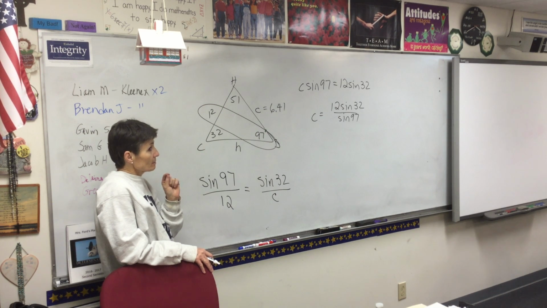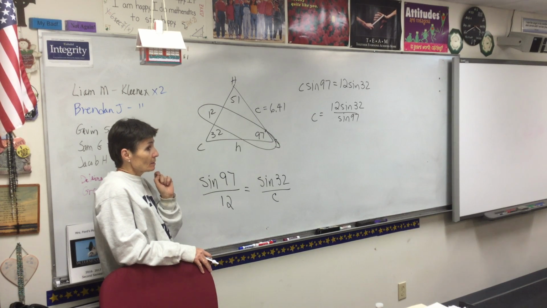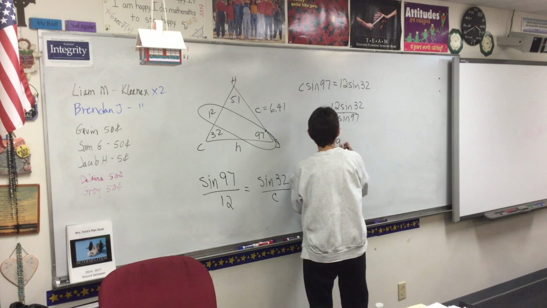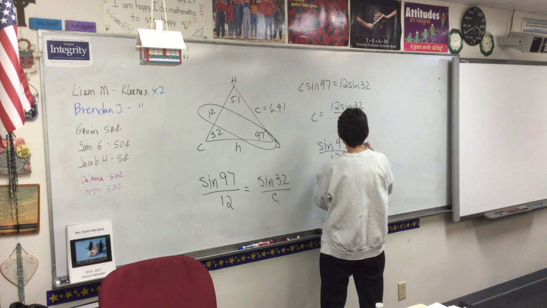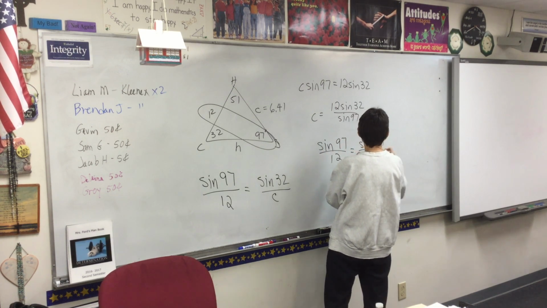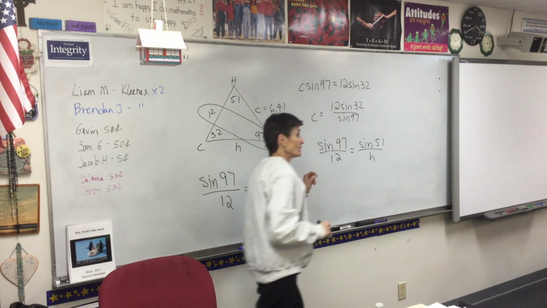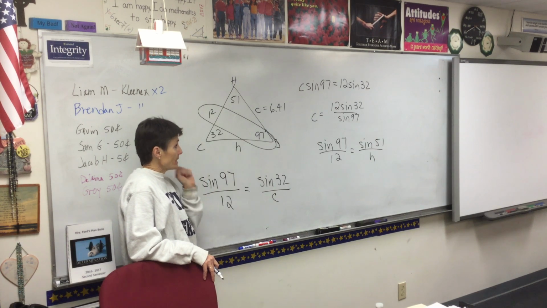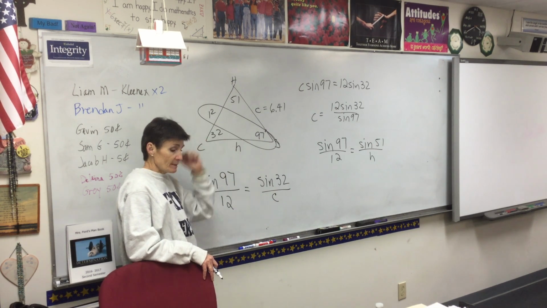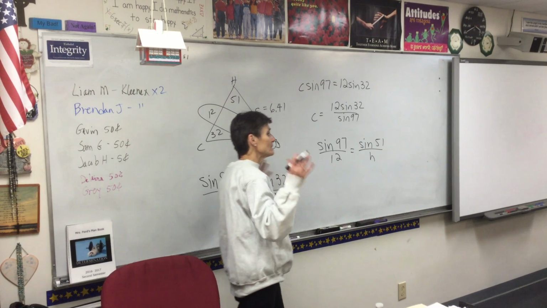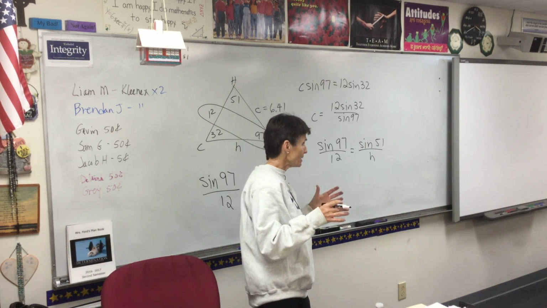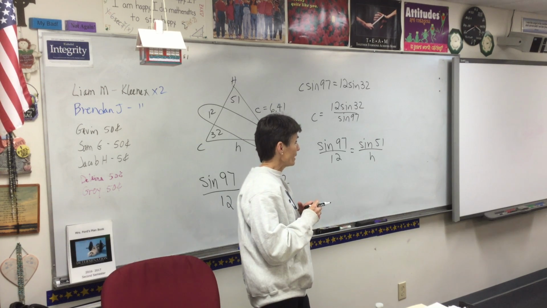Not 51. Sine 51 over H. So sine 97 over 12 equals sine 51 over H. Remember, it's never the angle by itself. It's sine angle. All right, type that one in. And would everybody please do it? Don't make me yell on screen. Get your calculator out, type it in. Let's all make sure we can get the right answer.